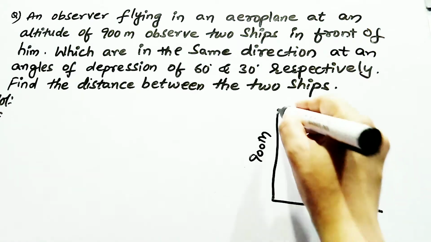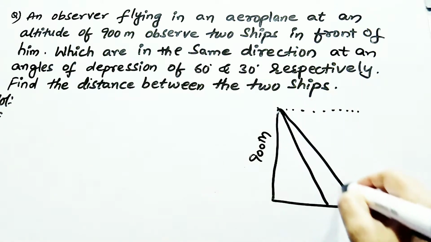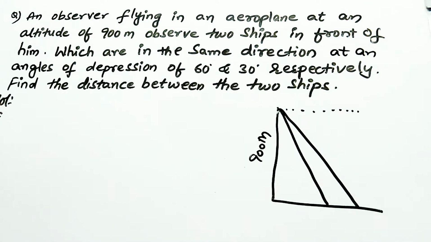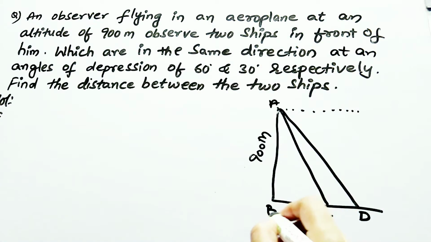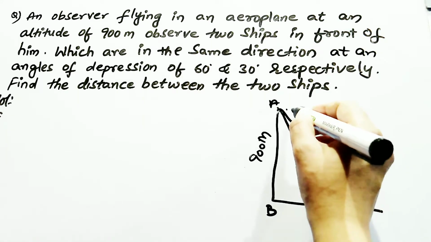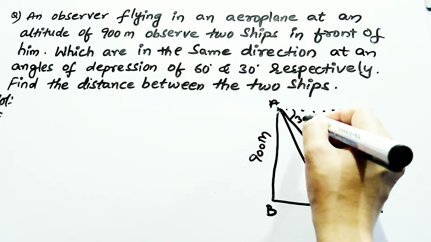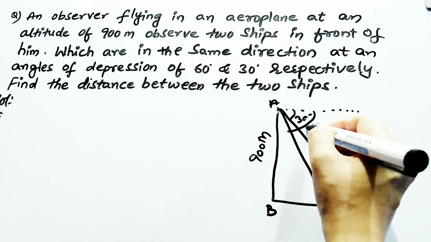This is one ship, this is another ship. Just give the names of your ships as C and D. And A and B is the distance between the ground and the aeroplane. With the same directions, first is 30 degree, second is 60 degree.